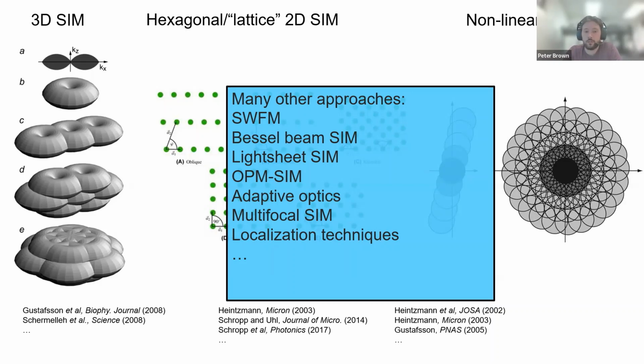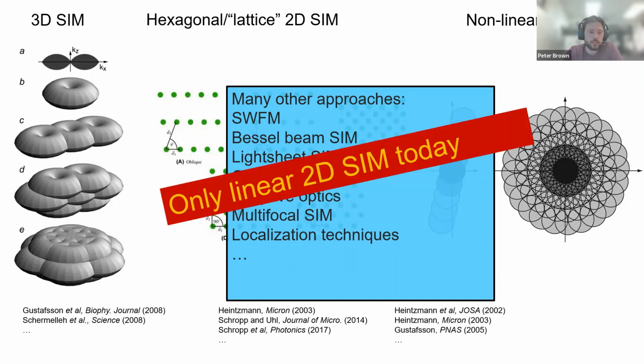We're taking roughly an order of magnitude more images than wide field, so the speed is only a factor of 10 slower, which means you can do things like live cell imaging potentially, which are challenging with other super resolution techniques. So today we're not going to discuss any of these other various applications of SIM. We'll focus only on linear 2D SIM and doing linear 2D SIM reconstruction.